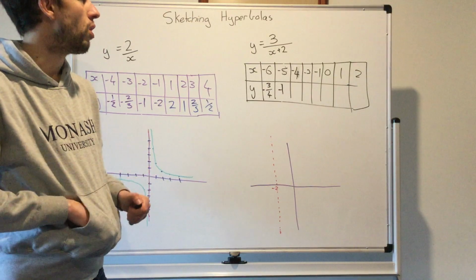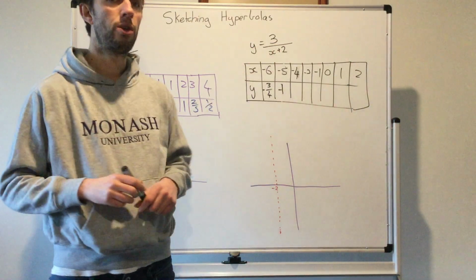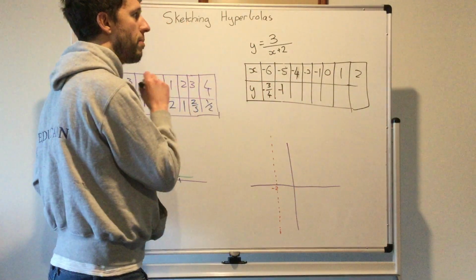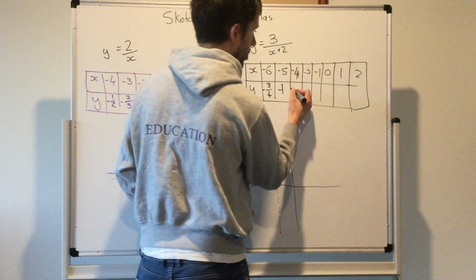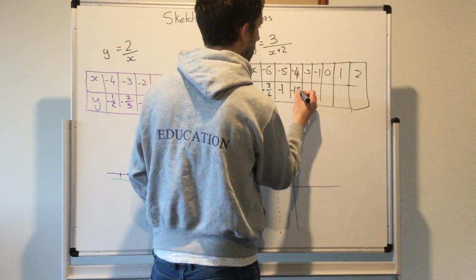Then we've got -4. -4 plus 2 is -2. So then we've got 3 divided by -2, which is -1.5.